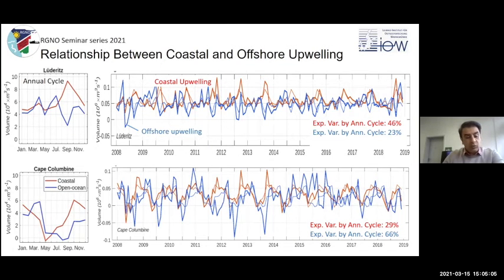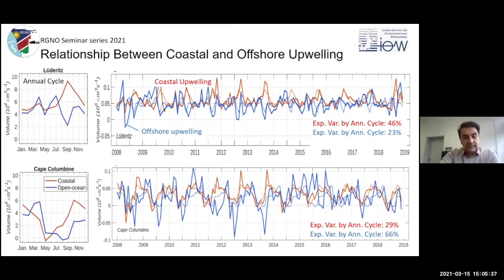For Cape Columbine, located in the southernmost, the pattern shows they are most of the time in the same phase. And the correlation between offshore and nearshore upwelling is significant. As we can see here, the shape of the annual cycle, they are not exactly at the same phase, but we can consider them most of the time in the same phase.